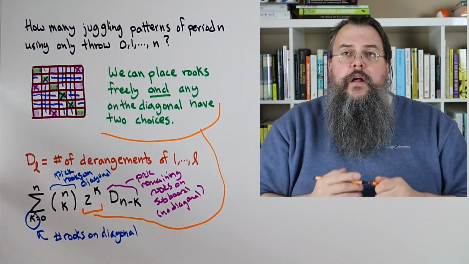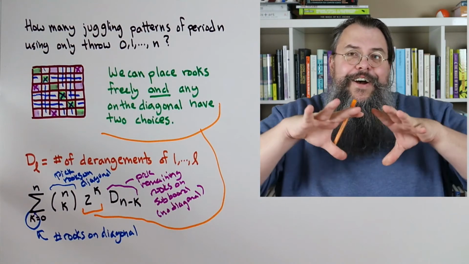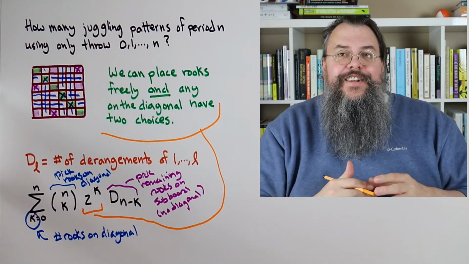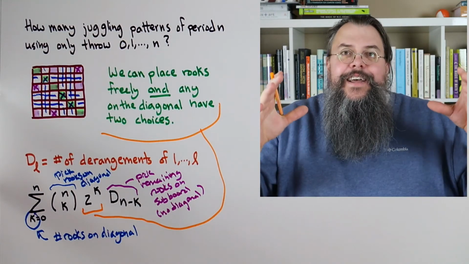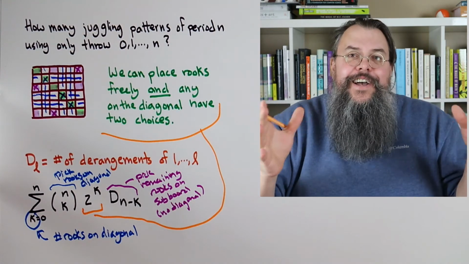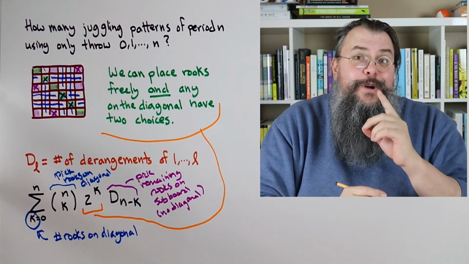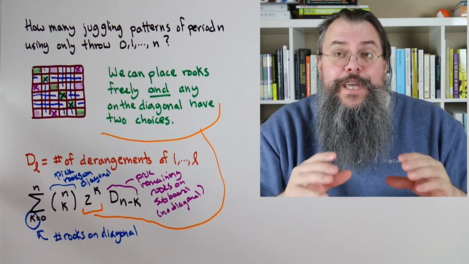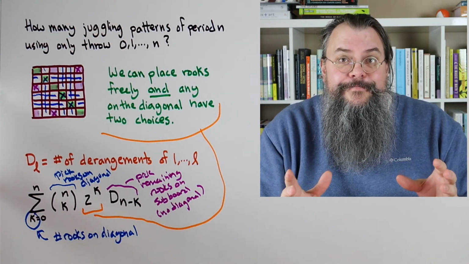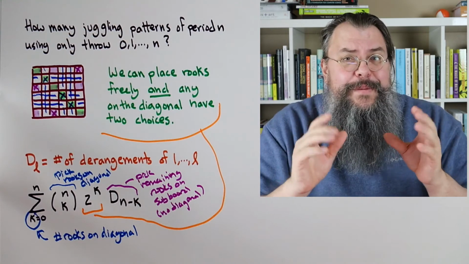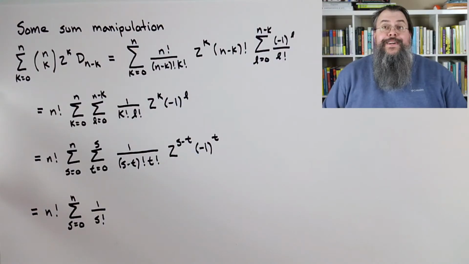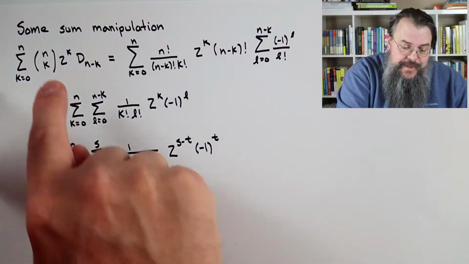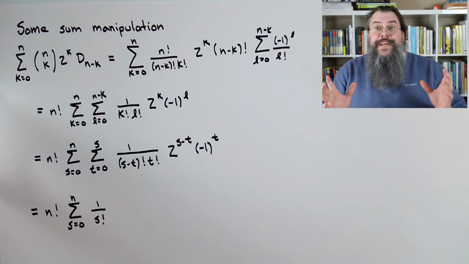So that's all our pieces. Now we have it deconstructed, and we say, aha, an answer. We're done, right? Well, we can do a little bit better. Let's see if we can make it look nicer. Not that this looks bad, but we're going to do some manipulation.